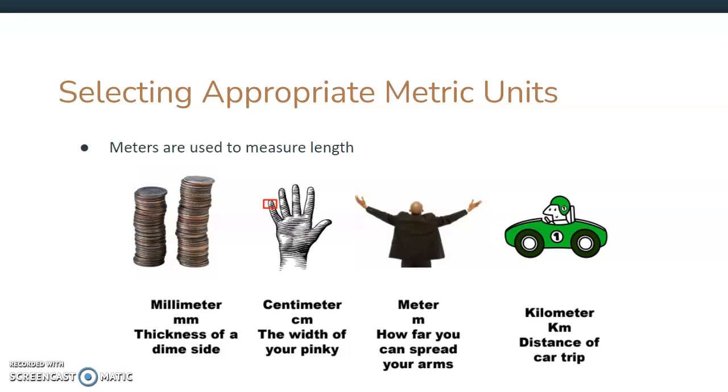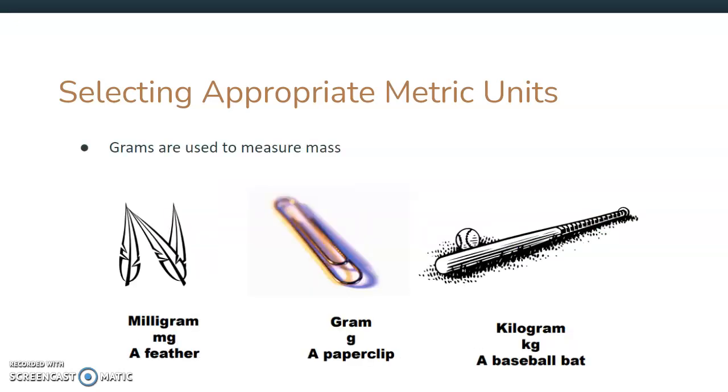Meters are for length. Grams, we have our last base unit, which is grams. When we talk about milligrams, we're talking about the weight of a feather. If you have ever picked up a feather, it almost feels like it doesn't weigh anything because it's so light. That's a milligram. When we talk about grams, we're talking about the weight of a paper clip.